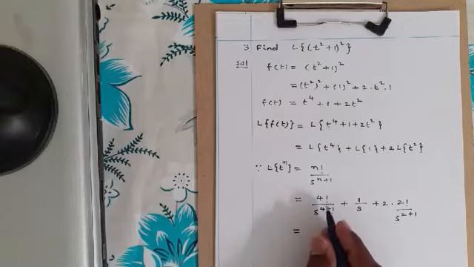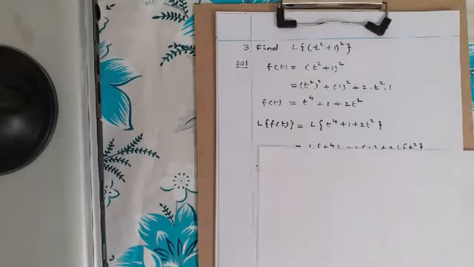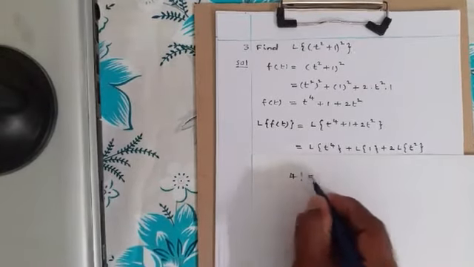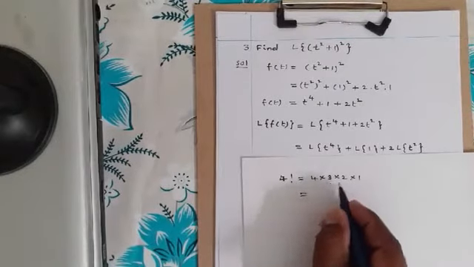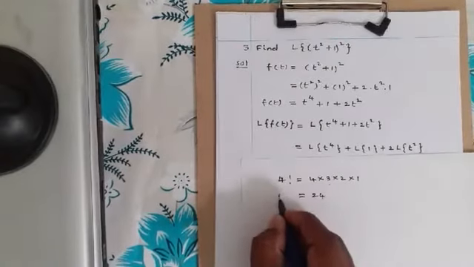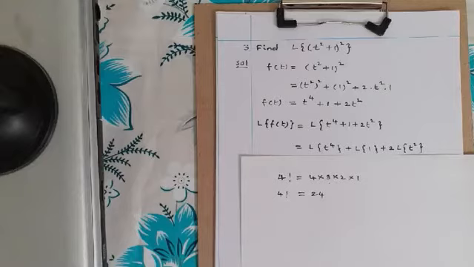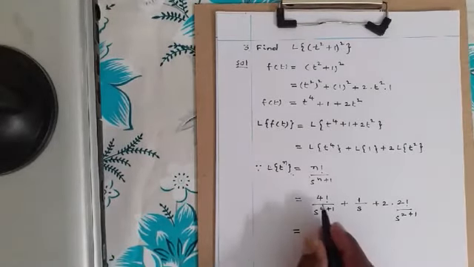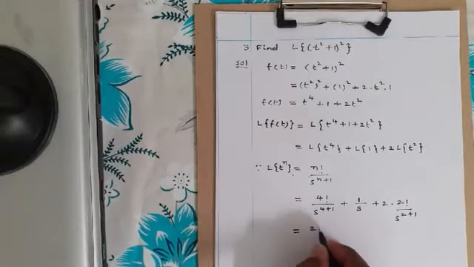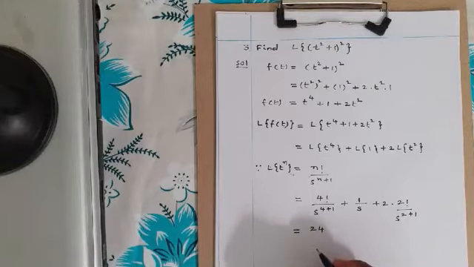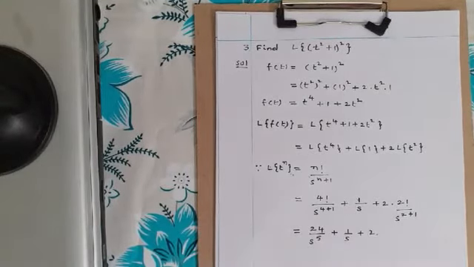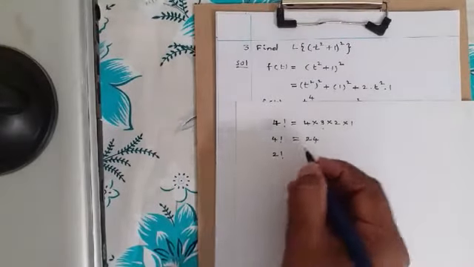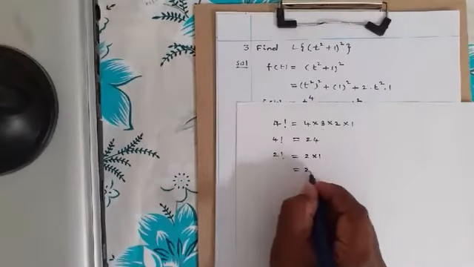If you expand 4 factorial, 4 factorial is equal to 4 into 3 into 2 into 1. 4 threes are 12, 12 twos are 24, 24 into 1 is 24. So 4 factorial is 24, and in its place I can write 24 upon s power 5, plus 1 by s, plus 2 into 2 factorial. 2 factorial is 2 into 1, which is 2.